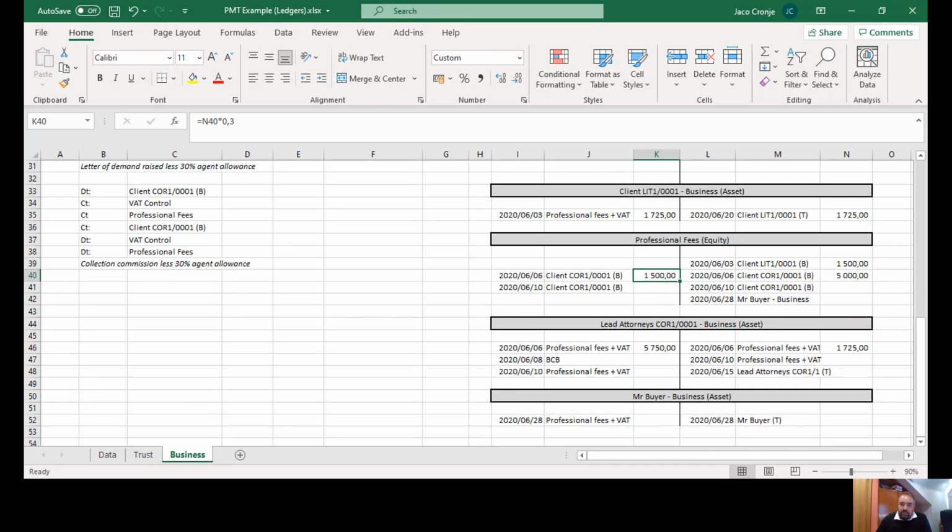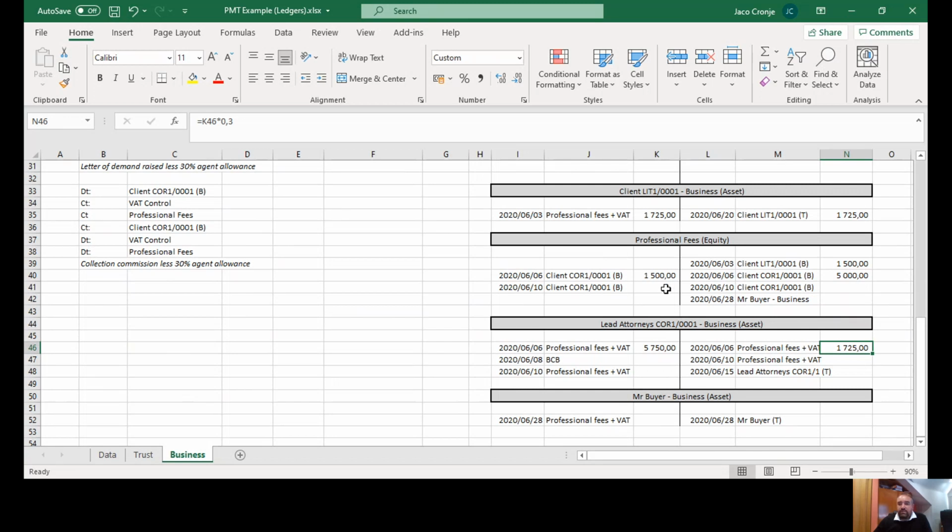Or you can say my debit entry is my credit exclusive of that, so divide by 1.15. You see, the value of my fee is only actually 3,500, because although it's worth 5,000, I must give 30% to lead attorneys. And now again, I've got a missing leg.